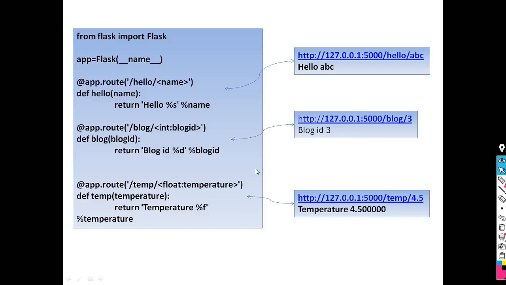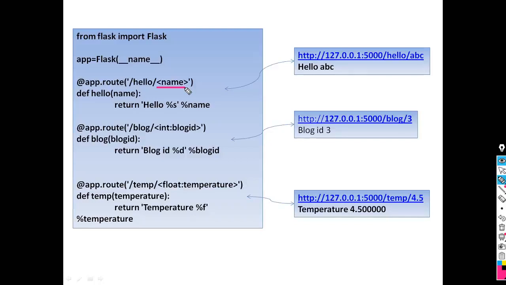In this example, a string variable is passed, an integer variable is passed and a float variable is passed. How is the string variable passed? We have seen in the previous slide. Look here, app.route /hello/ and within angle brackets name is there.